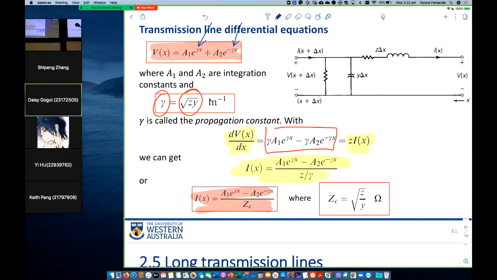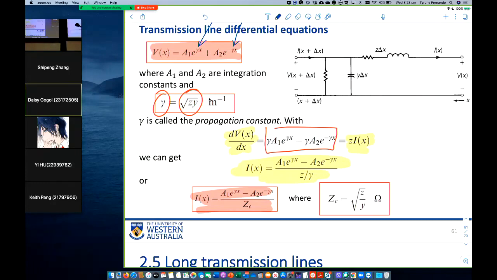So what are we looking at here? We have the expression for Vx in terms of gamma, and we know what gamma is because gamma is related to Y and Z, which we know. A1 and A2 are constants which we can determine if you know the initial conditions. In other words, when x equal to 0, what is the voltage?